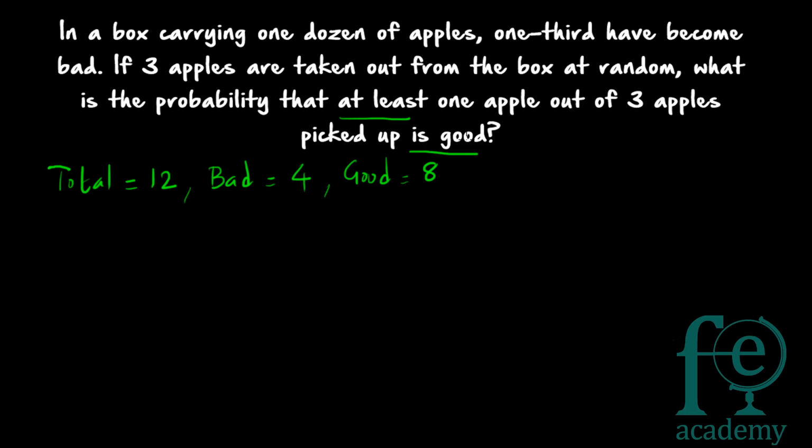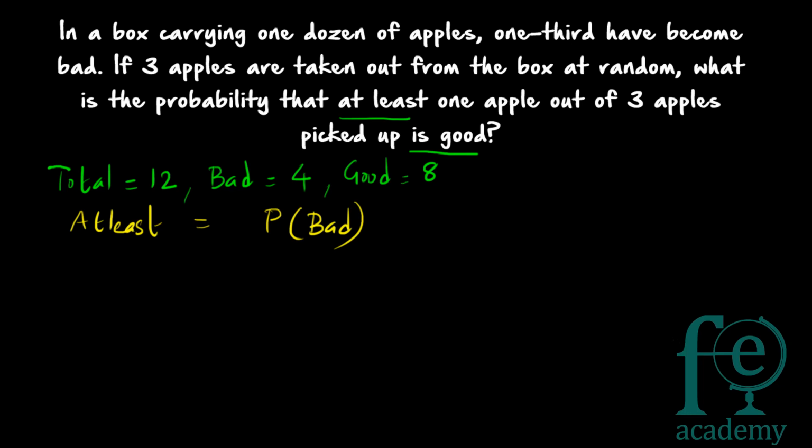So whenever at least comes, you have to do it in the reverse manner. So at least 1 is good means you have to first find out, whenever at least comes, this is the procedure, the probability of getting all bad. What is the probability of getting all the 3 apples bad?